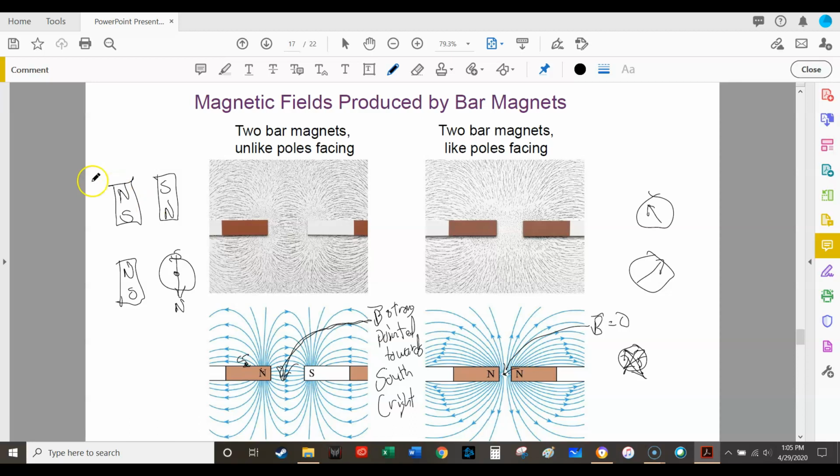How come a compass needle is actually pointed away from the north end of a magnet, but we use a compass to find the north pole of the Earth? Well, how is that possible, right? Is the Earth a different kind of magnet, or is it the same kind of magnet, right?